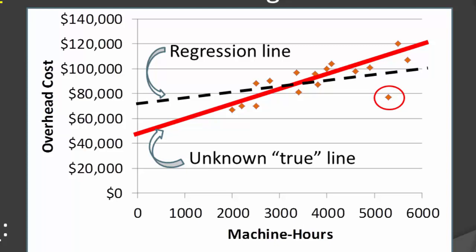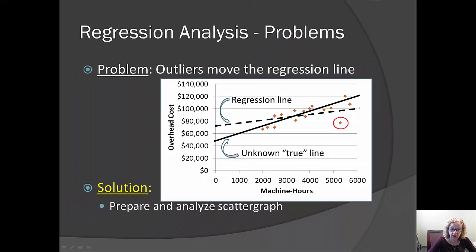So how do we handle this? The first thing we do is prepare a scatter graph, as we did with this data, and look at it very carefully to see if there is a data point that does not seem to fit with all of the others.